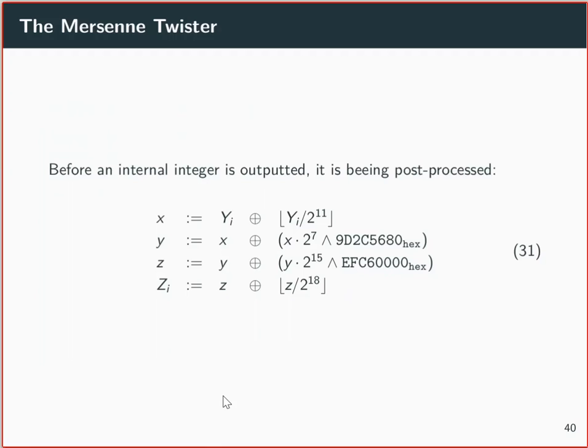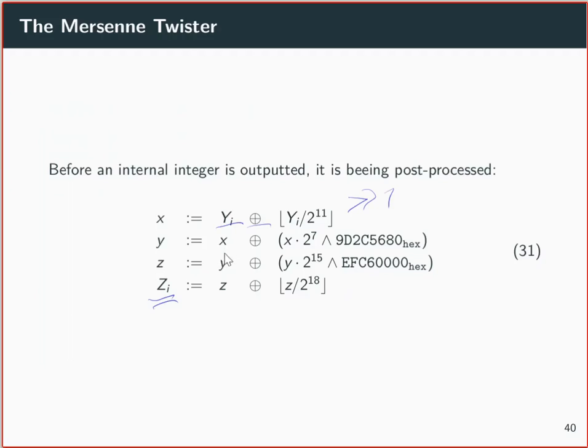But one difference to LCGs is that there's a difference between output and internal states. So we have seen how an internal state is calculated, but actually what's outputted is the internal state after post-processing. So post-processing is done as follows. We take the internal state, XOR it with itself, right shifted by 11 bits.